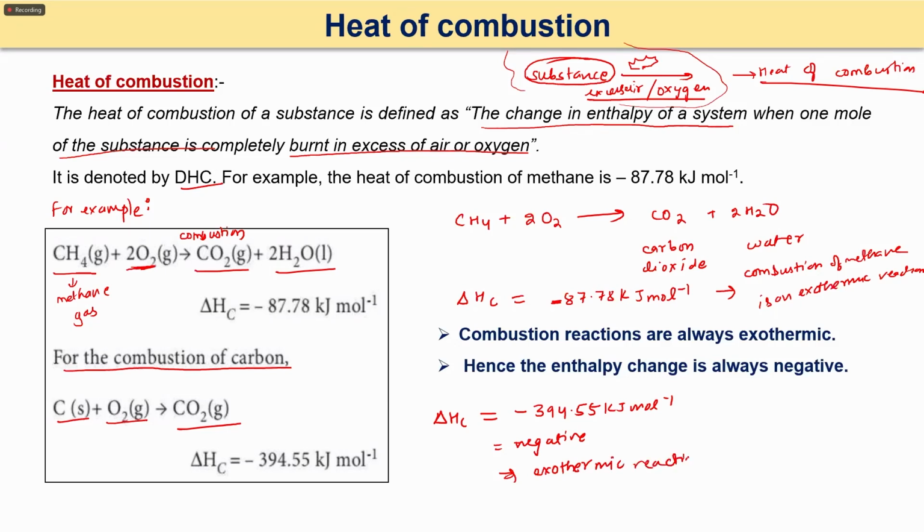Combustion reactions are always exothermic, so we will always get a negative sign. This is very important: if a substance is burned in the presence of air or oxygen, the reaction will always be exothermic.